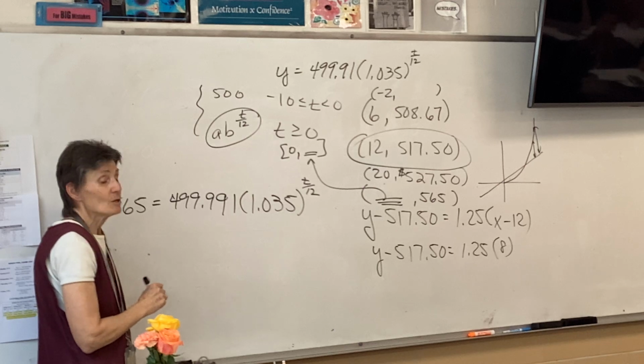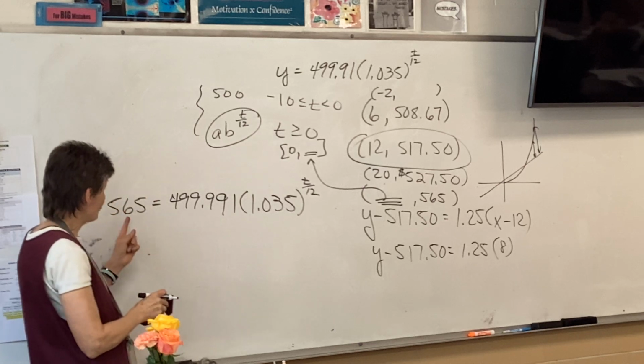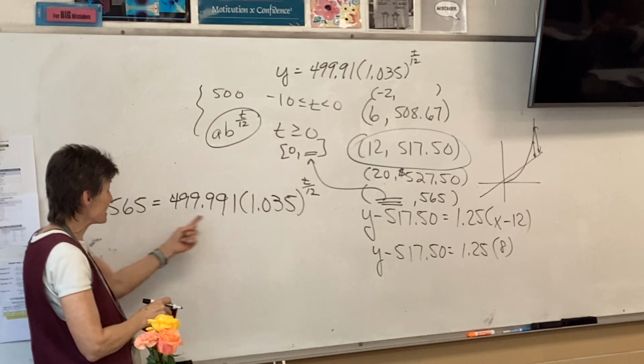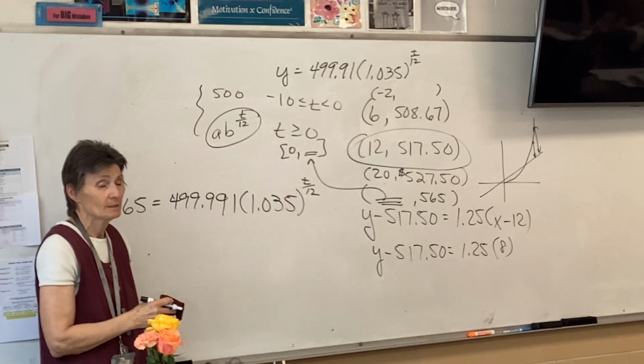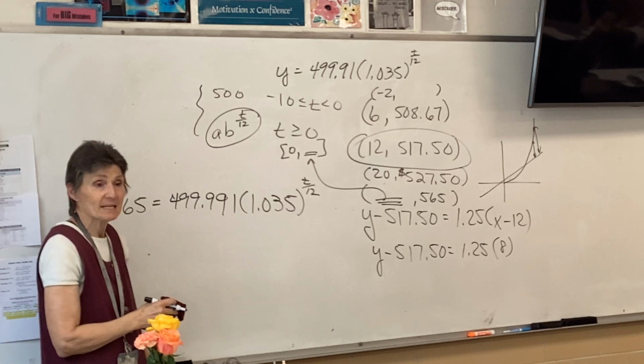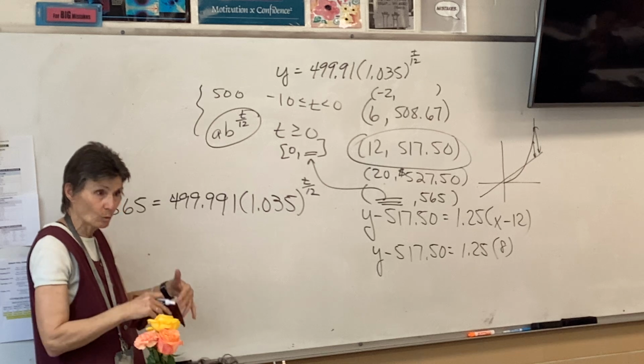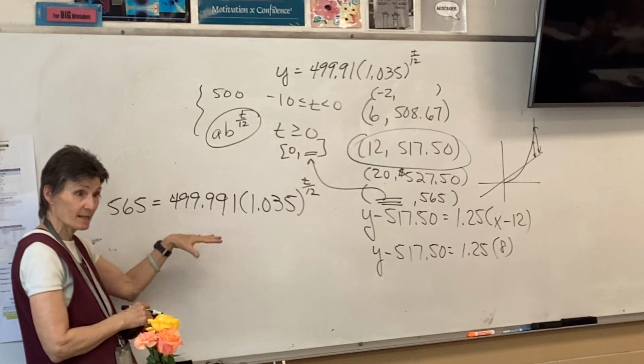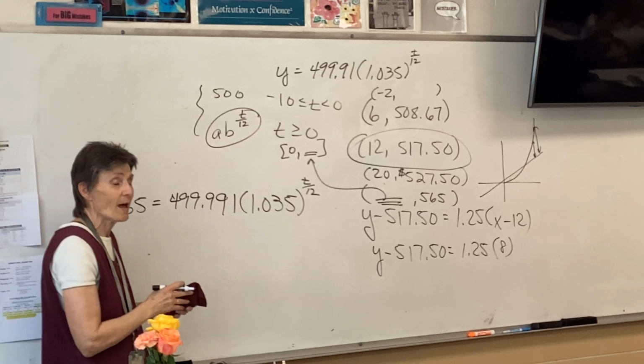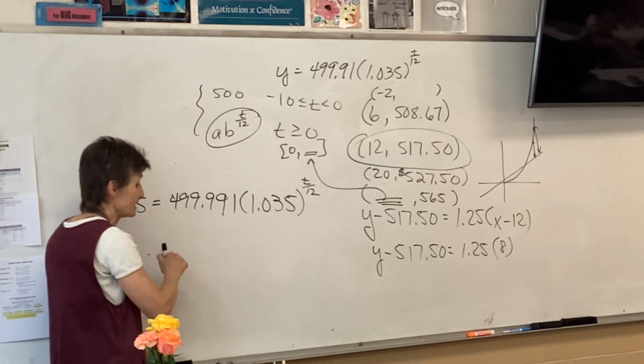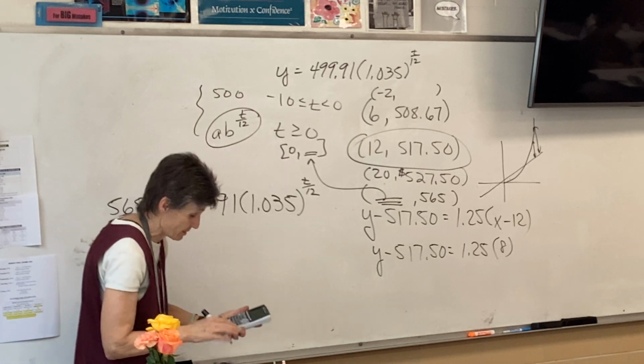Yeah, oh yeah, okay, so could you actually put these in and find where they intersect? Yeah, that might be the easiest way to do it. I was going back to old school. I was going to divide and take the logarithm of both sides, but you don't have to do that. You can actually type both of these in and see where they cross.